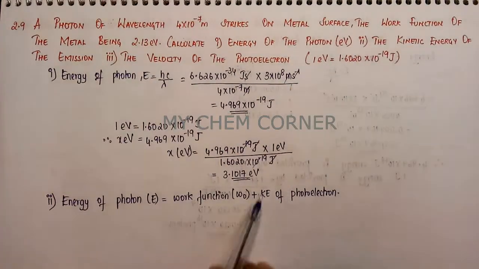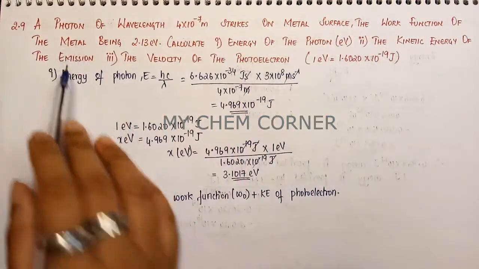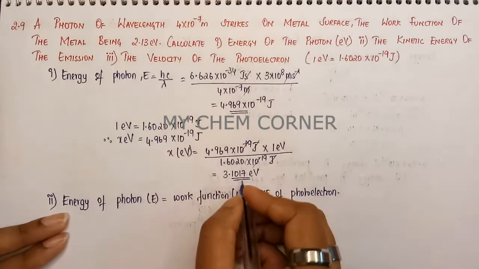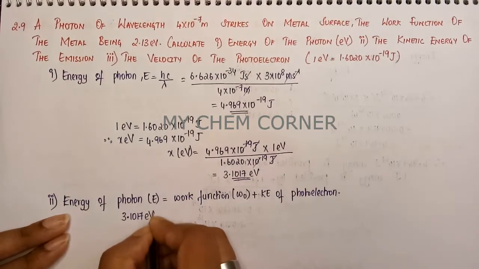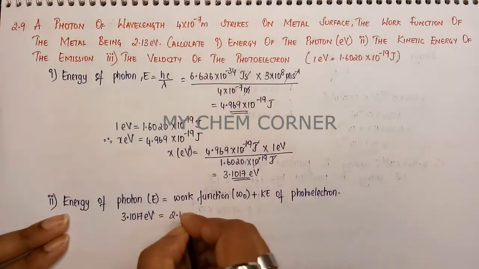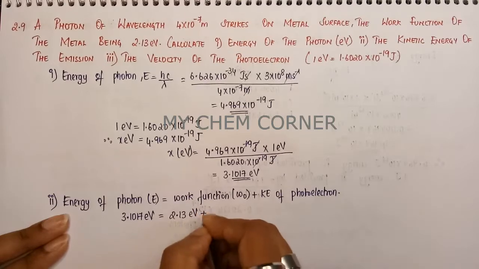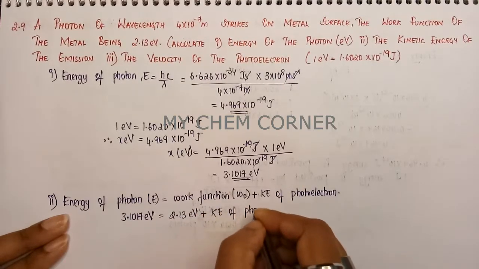We need to find out what is kinetic energy, which is the second question in our entire question here. So energy of the photon is this 3.1017 electron volt equals, work function is in the question 2.13 electron volt plus kinetic energy of photoelectron.